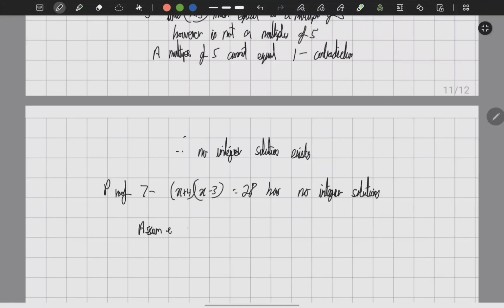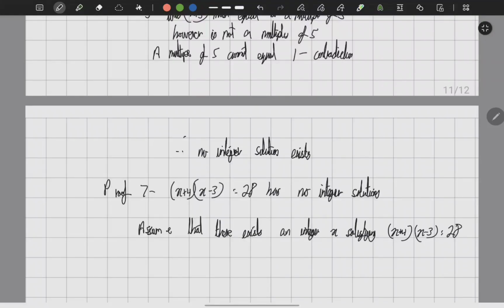So assume that there exists an integer x satisfying (x plus 4)(x minus 3) equals 28.